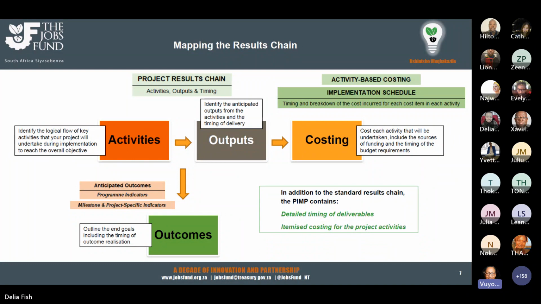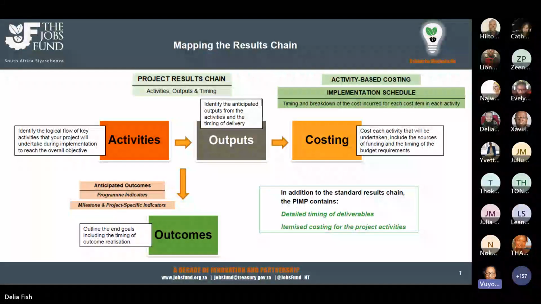And of course, how the outputs themselves will result in specific goals and outcomes that the project ultimately wants to achieve.